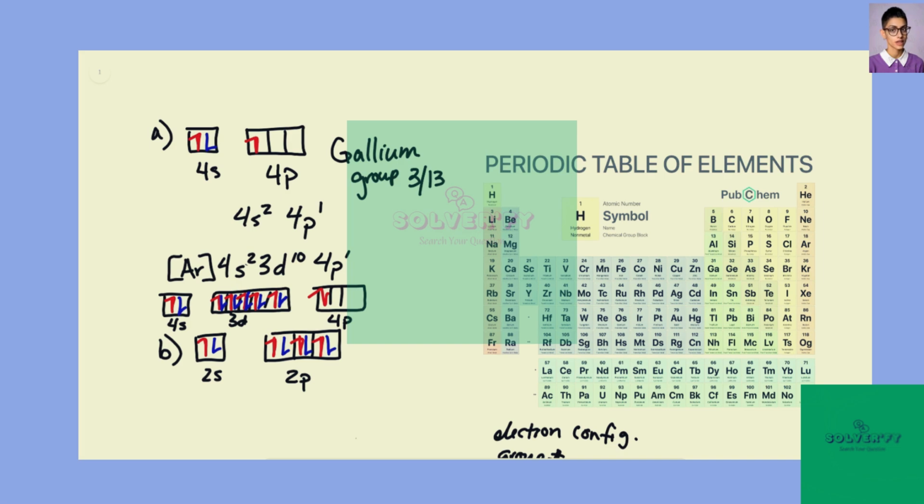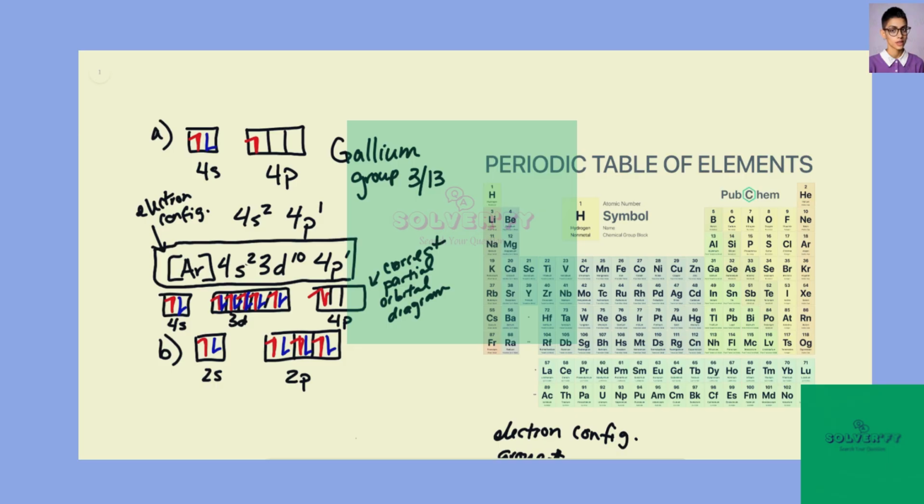Okay, so this is the correct partial orbital diagram, and this is the electron configuration. And then here is the element and the group.